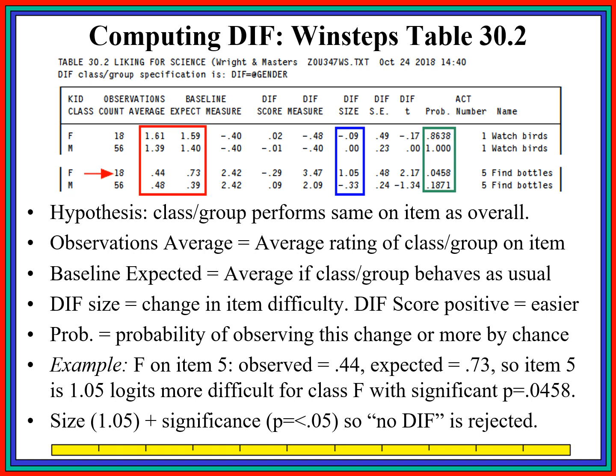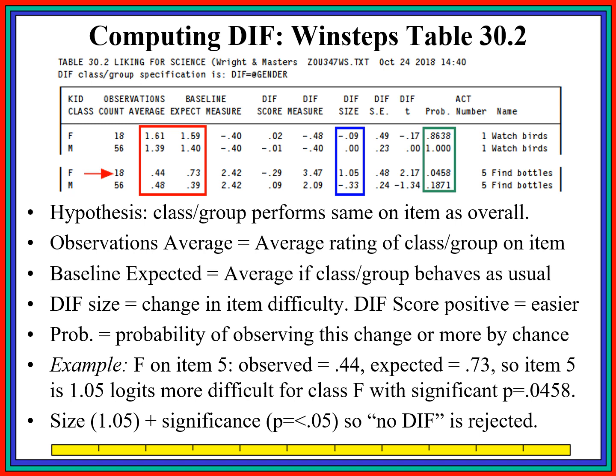And here we see the girls are 1.59 average expected rating, and the boys are 1.40 average expected rating. So the boys are a little higher than we expect, and the girls are a little lower than we expect. Okay, that difference is so slight we wouldn't bother with it.